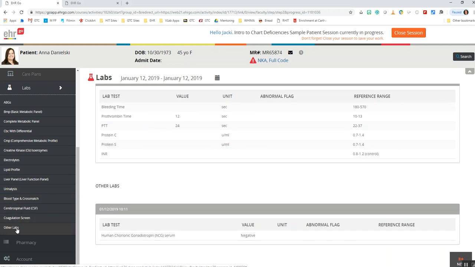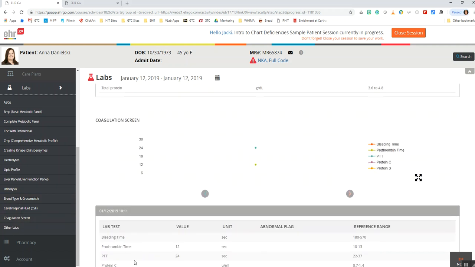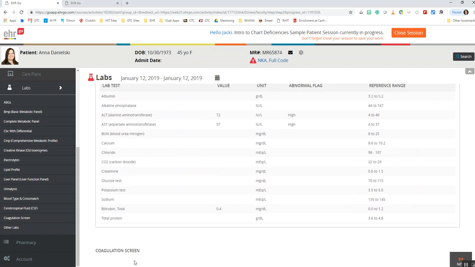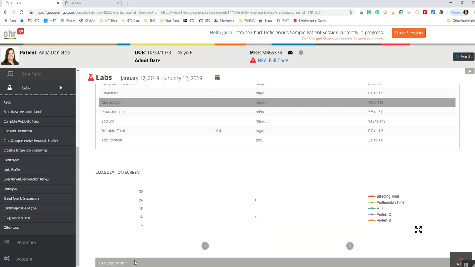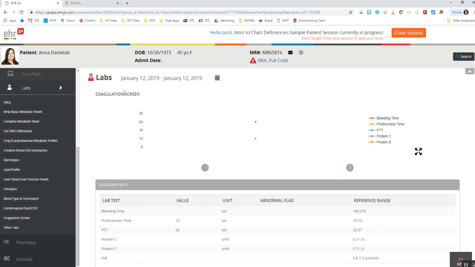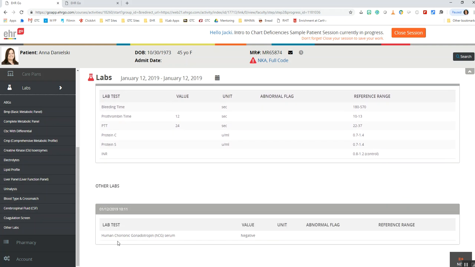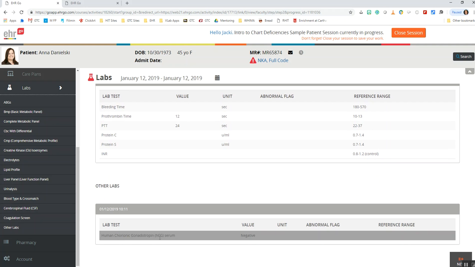Do we have other labs? We do. After our complete metabolic profile, we have a coagulation screen. So under other labs, 1 is going to be a coagulation screen, and 2 will be an HCG. So we have 2 other lab tests.